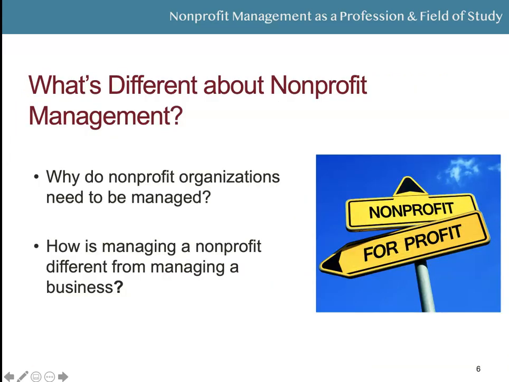All right, so what's different? Why do nonprofit organizations need to be managed in the first place? Some nonprofit organizations have one person, just like some businesses, and other nonprofit organizations like the American Red Cross or the American Cancer Society have tens of thousands of employees across the country, raise tens of millions of dollars.